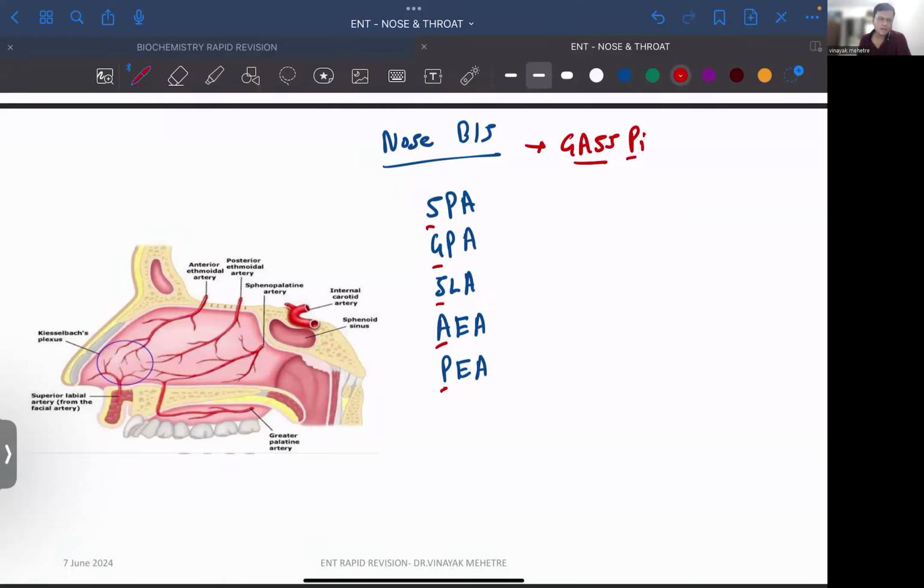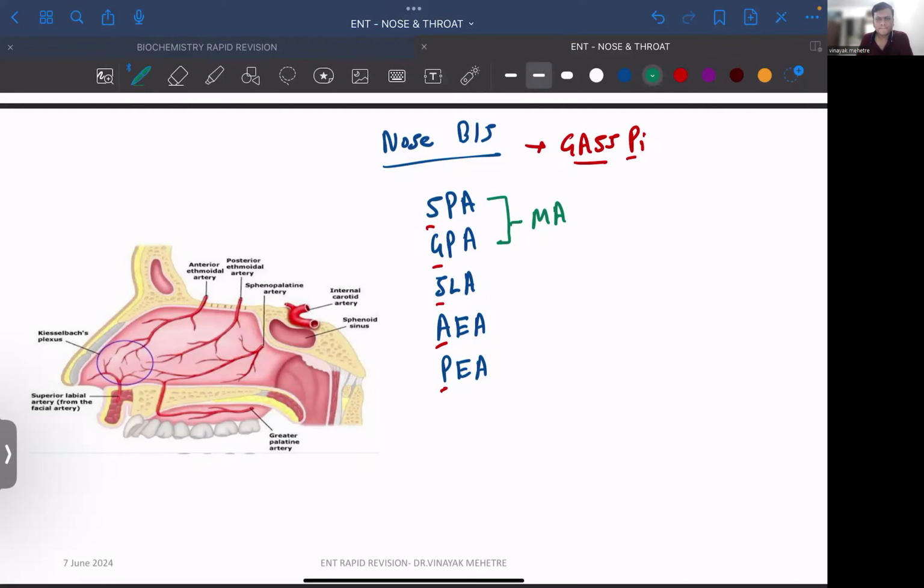Okay. Now, anatomy question. Sphenopalatine artery and greater palatine artery is the branch of which artery? Anyone? That is maxillary artery. Okay. Maxillary artery is a branch of which artery?